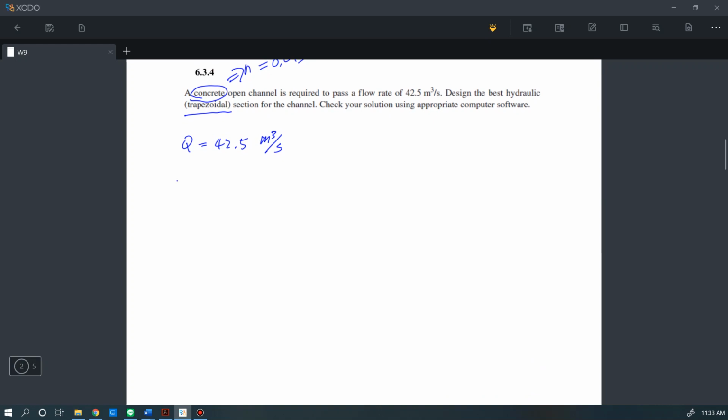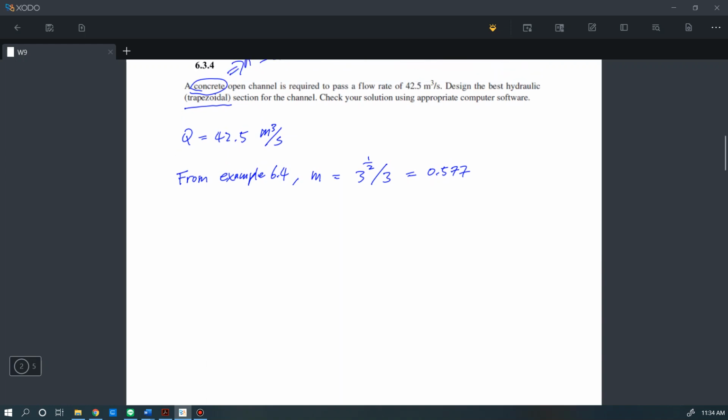So from the example in the textbook, 6.4, we know the m value is 1 divided by the square root of 3, which is equal to 0.577.